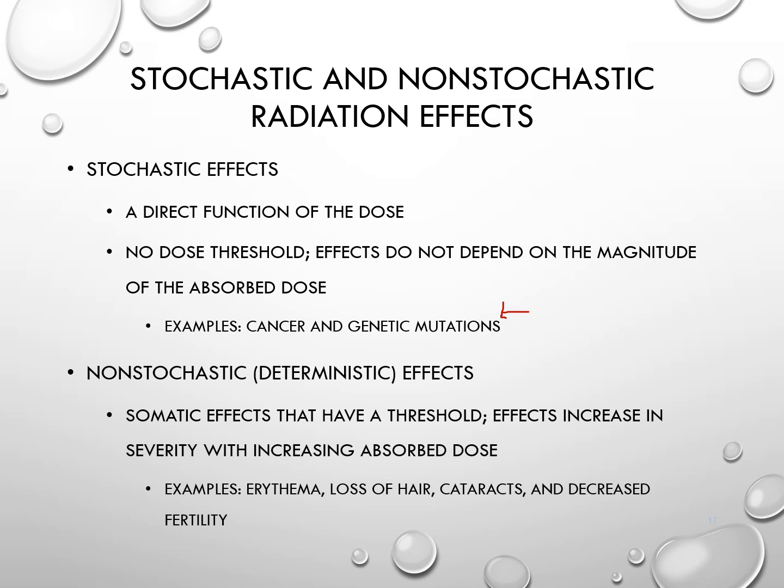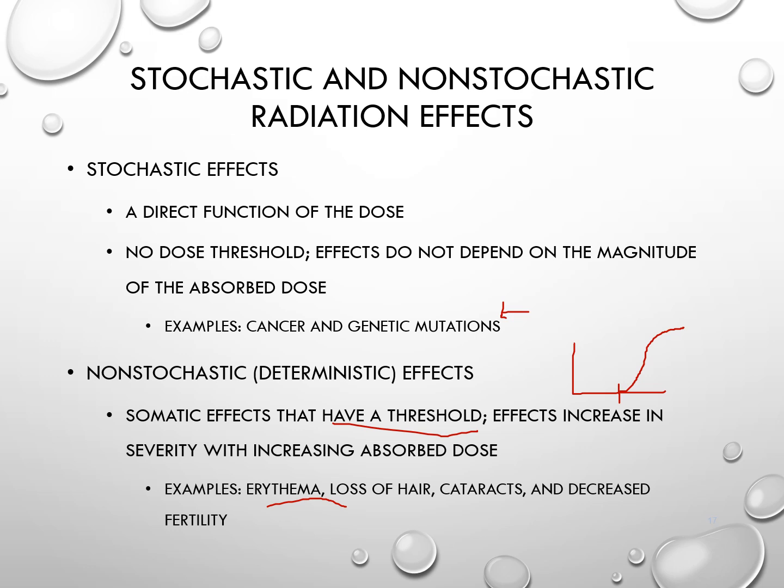A non-stochastic or a deterministic effect is going to be one that does have a threshold. And so then the higher the dose, remember our curve, remember here's maybe our threshold. So maybe up until a certain dose is when we start to see those effects of maybe arrhythmia or loss of hair or cataracts or decreased fertility, things like that. We have to get to a certain amount of a dose before we start to see these specific effects.